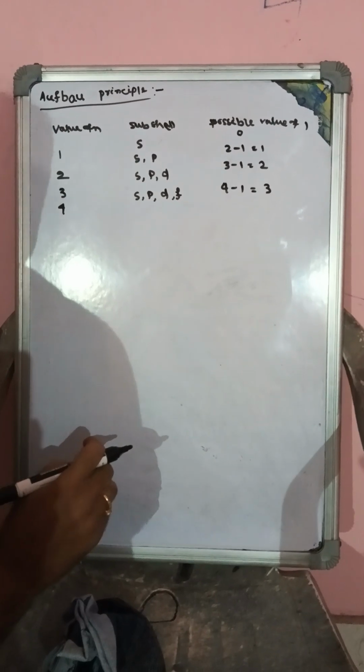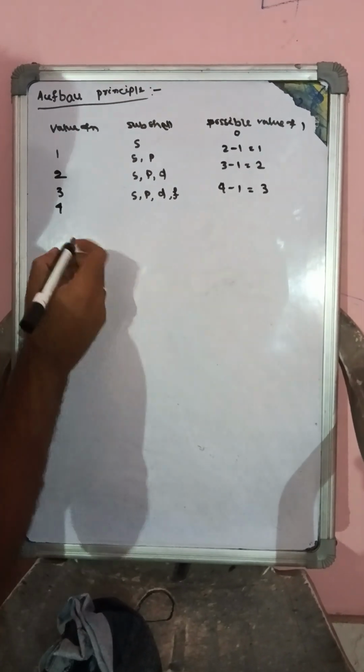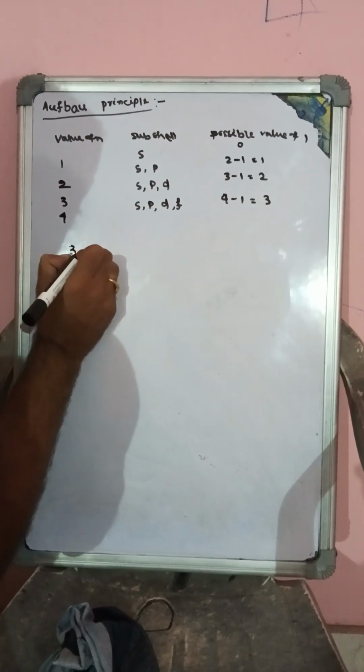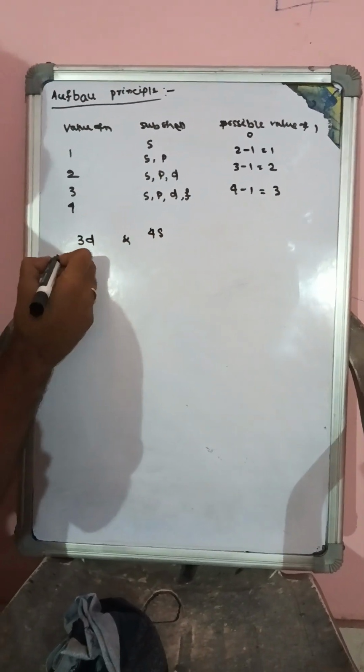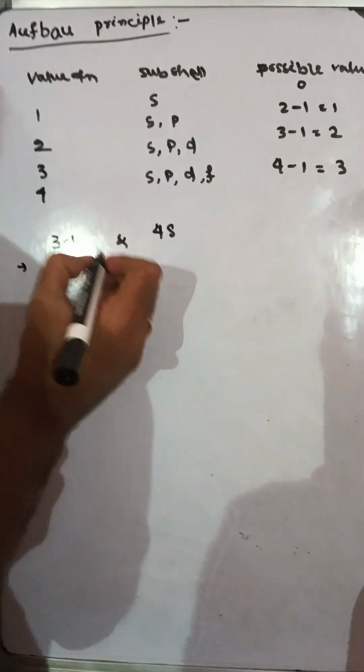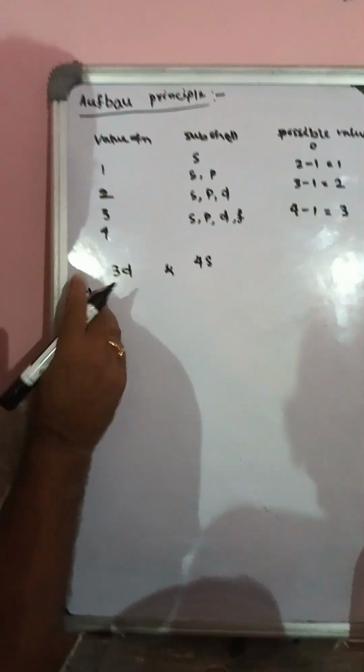Next we compare 3d and 4s. 3d is higher than 4s. So how do we calculate?